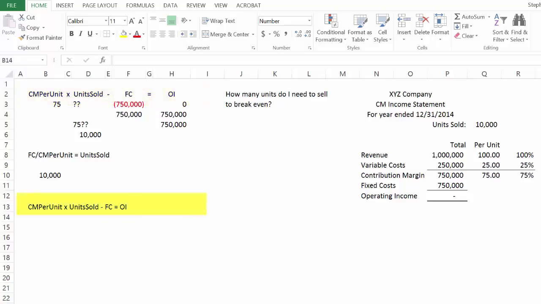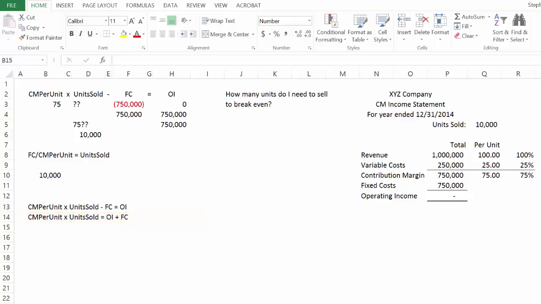Let's rearrange this one more time just so that you can see what I'm doing. I rewrote the equation on row 13. Now let's go ahead and move fixed cost over to the operating income side, and we end up with something that looks like this. Contribution margin per unit times units sold equals operating income plus fixed cost.